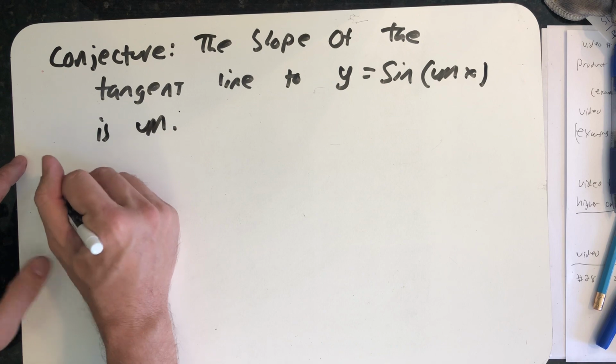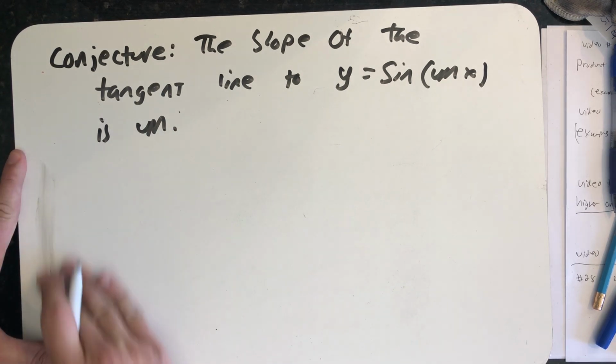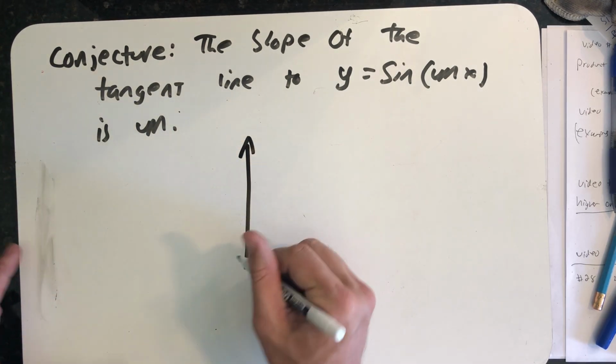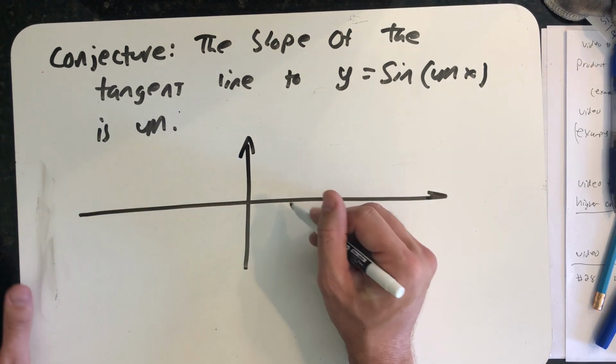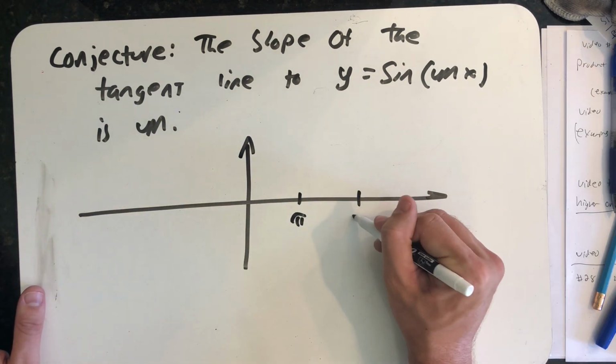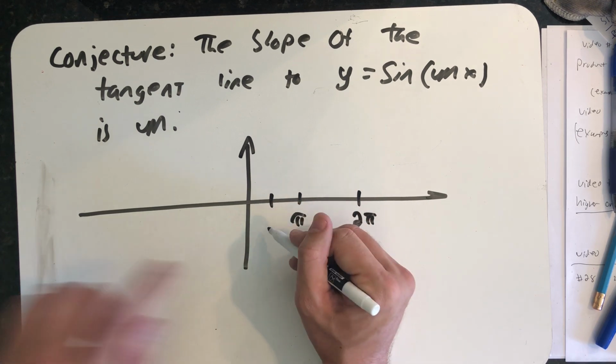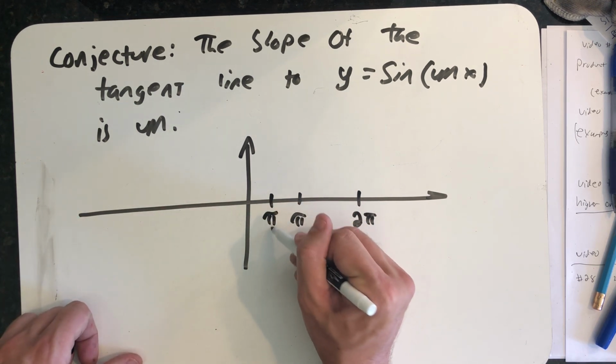Well, let's look at the graph of a sine function and see if we can figure out what's going on visually. So I'll just graph sine between 0 and 2 pi, and then between minus 2 pi and 0.